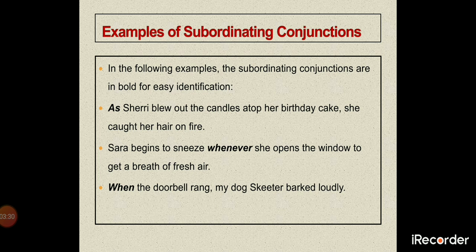Here we can see the use of subordinating conjunctions in these three sentences. Subordinating conjunctions are joining the two clauses together, the independent clause and the dependent clause. Keep in mind that the dependent clause is always introduced by a subordinating conjunction. It can be either at the start of the sentence or within the sentence.